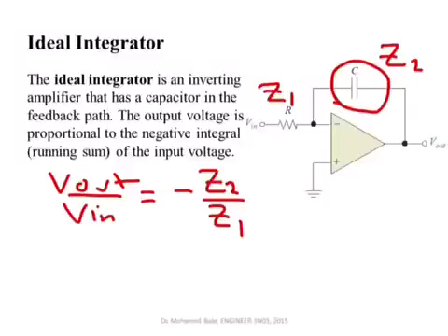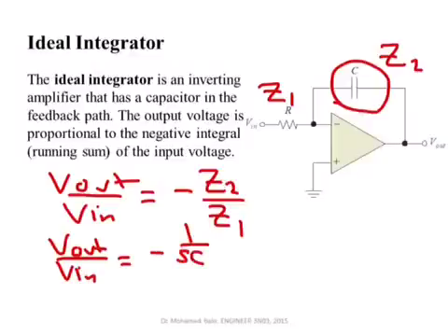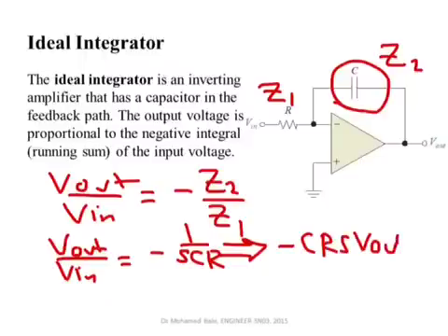Okay, so Z2 is simply 1 over J omega C. I'm going to write it as 1 over SC. And you know from the lectures that S is equal to J omega. So I'm going to write this as V out over Vn is equal to minus 1 over SC, and then you divide by Z1, which is R, so it becomes 1 over R. So this will lead us to the expression that minus CR S V out is equal to Vn.